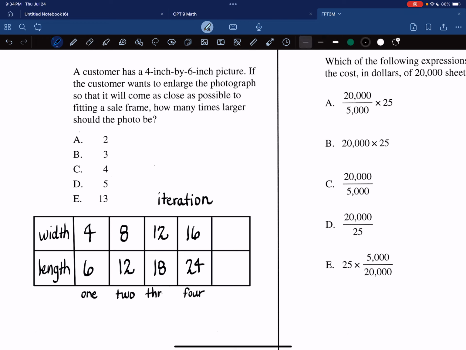In language, we would say that's not parallel, so let's fix it. Let's go one more iteration so that I can show you on the top. If I add 4 more, that would put me at 20. And on the bottom, if I added 6 more, that would put me at 30.